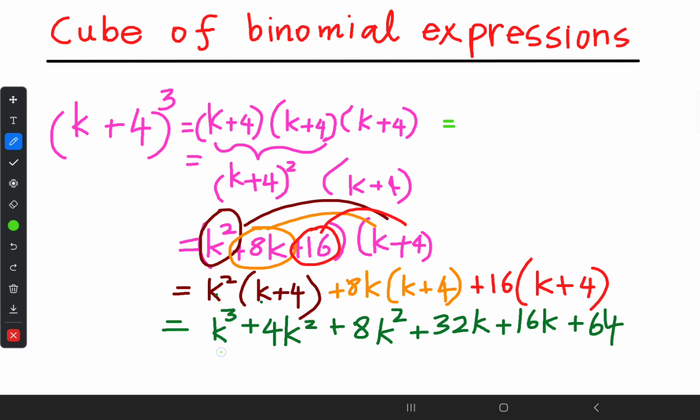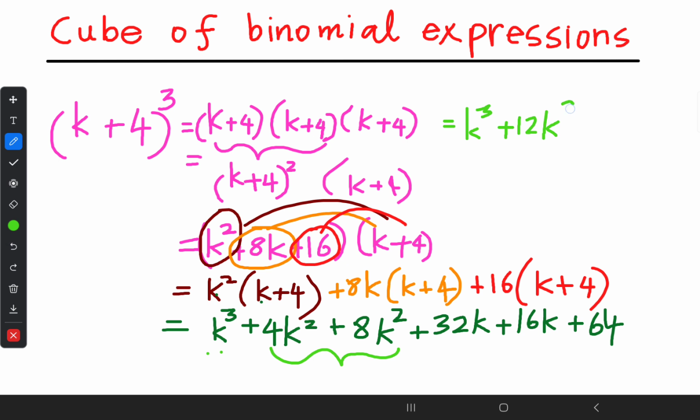I'll write that over here. K cube. The only cubic term that exists in this expression is k cube, so that remains the same. We will get the sum of like terms. Both are having k square quantities, no? So positive 4k square and positive 8k square will become positive 12k square. And thereafter, k.